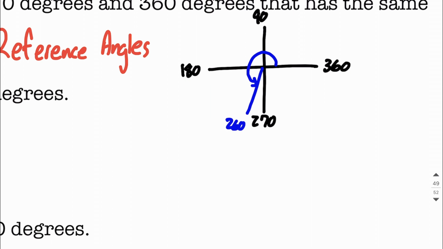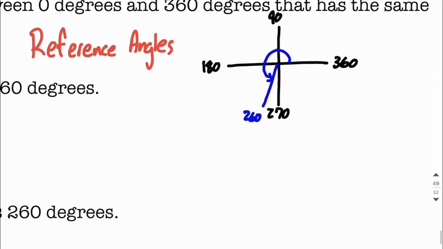Now, the next thing we want to do is calculate what is our reference angle going to be. So our reference angle is always drawn to wherever our normal angle, that 260 degrees, landed for its terminal side to the x-axis. So in our case, our reference angle is split up between 260 and 180 degrees. I'm going to call that reference angle theta bar for right now. It's composed of this red line, and then the blue line are kind of the sides of this angle.